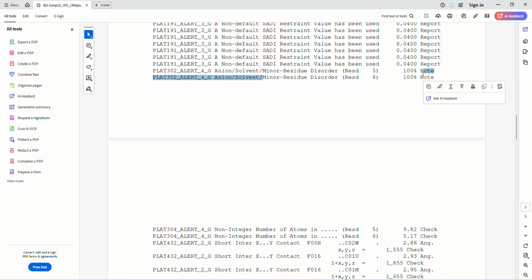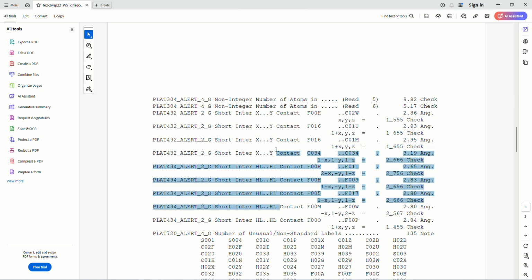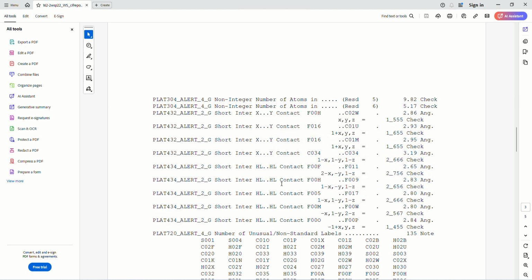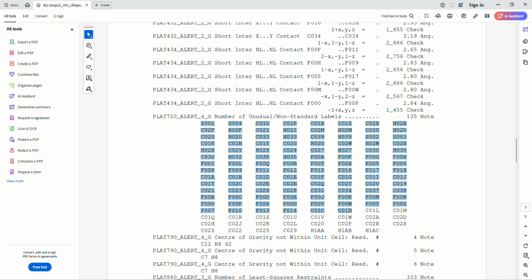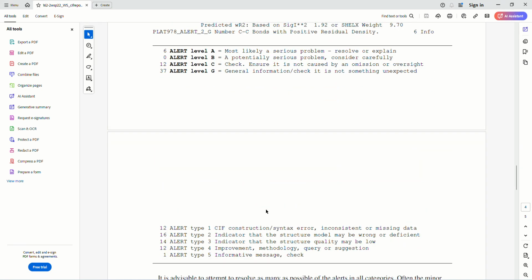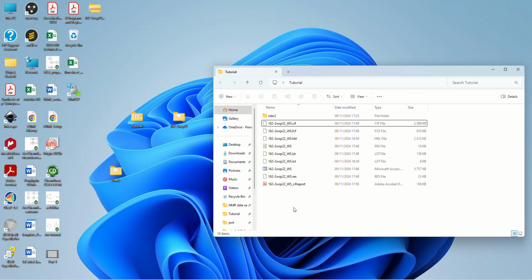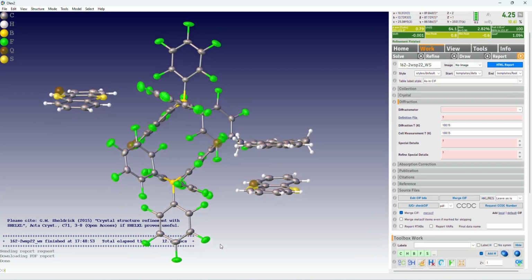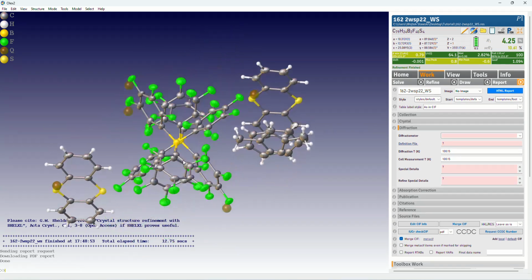Some disorder in the structure, and short intermolecular contacts, which are just contacts between the fluorine atoms. We have some labels that we didn't change. Basically nothing bad. With this file, I would still play with it a little bit more to make it look better for publication, but in general, everything looks fine in terms of the results of the refinement.